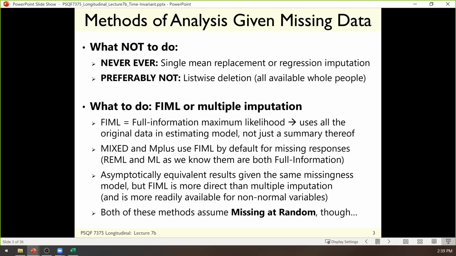And then you get another data set, draw a different error term and fill that in. And so you would end up with somewhere between like 5 and 100 versions of the same data set, each with a different filled in predicted variable that has error to it. And so then what you would end up doing is analyzing all of the data sets separately, pooling all of the results with special formulas, and then you get your final set of results.